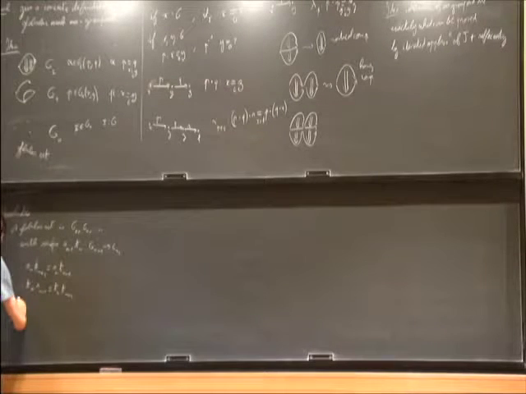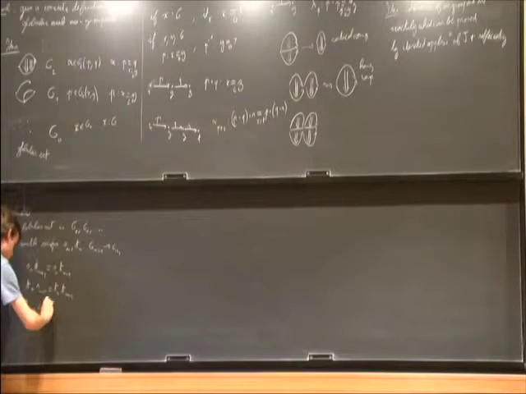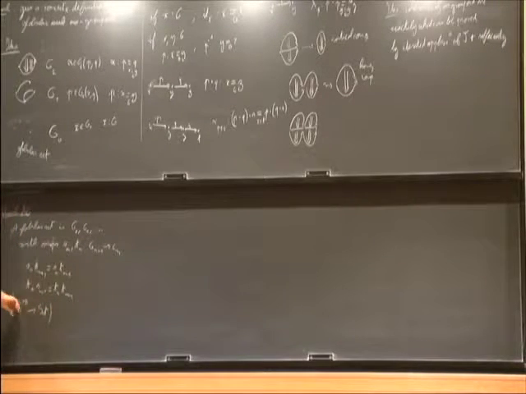Another way to say it is that you have a presheaf on some category G, which is basically the category generated by these equations, in the other way around to get the presheaf.